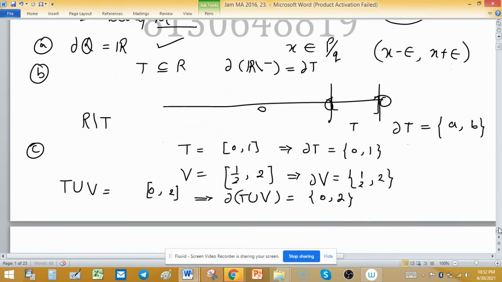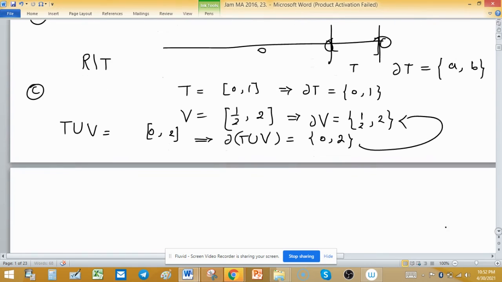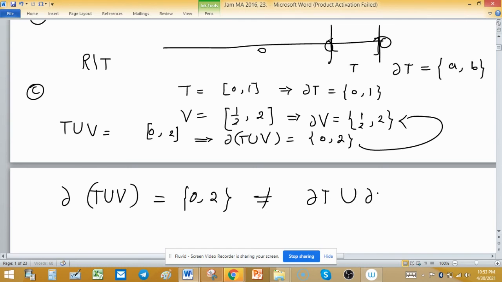So we have seen that boundary points of the union is not equal to the union of individual boundary points. ∂(T union V) is 0 comma 2, and this is not equal to boundary points of T union boundary points of V, which are 0, 1, half and 2.